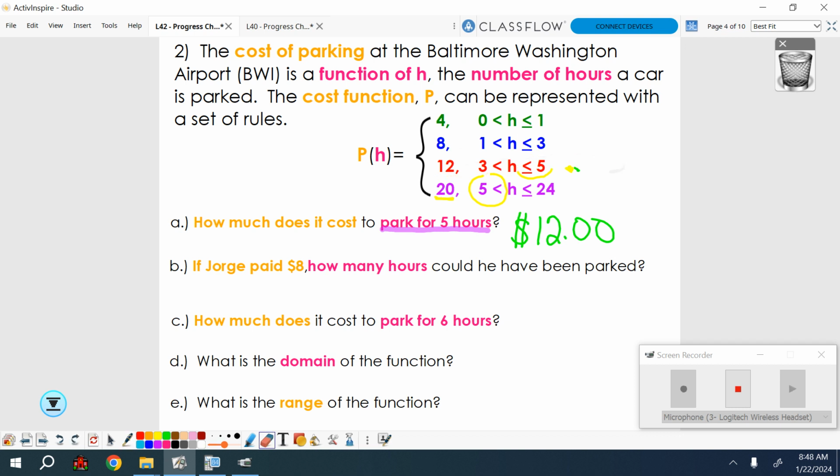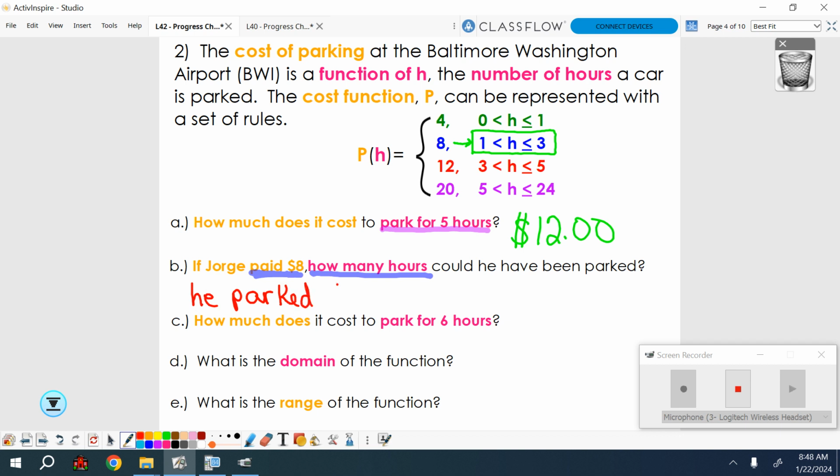So let's clear off this table. We'll do the next set of questions. This one's question is a little bit different. It says if Jorge paid $8, how many hours could he have been parked? So when we look at this, if he paid $8, that means we're talking about this amount of time here. Remember, that amount of time doesn't include 1, okay?